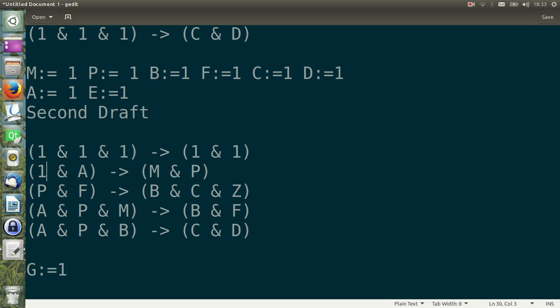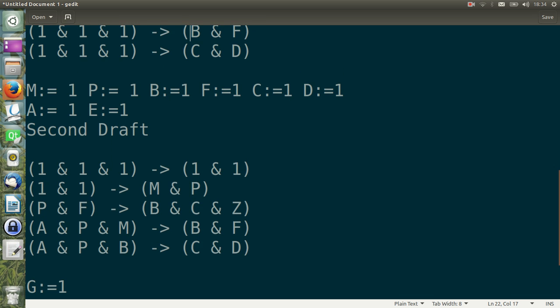E and A still the same. M and P have values already, so we don't have to put them again. P and F have values, so we can infer that B, C, and C have some value.